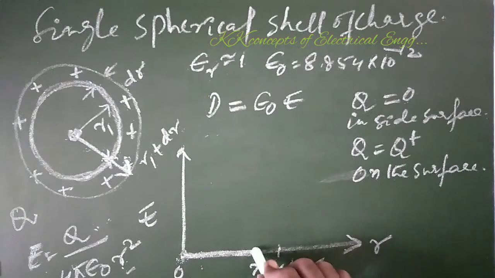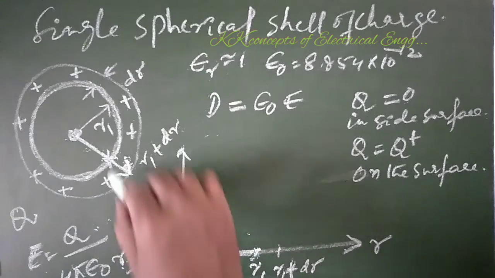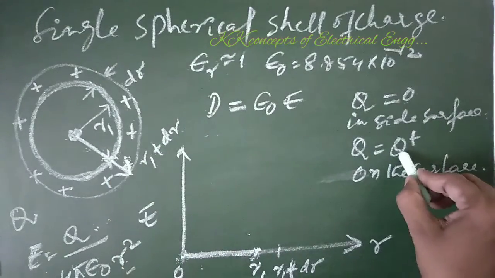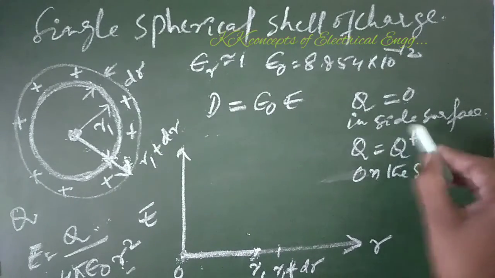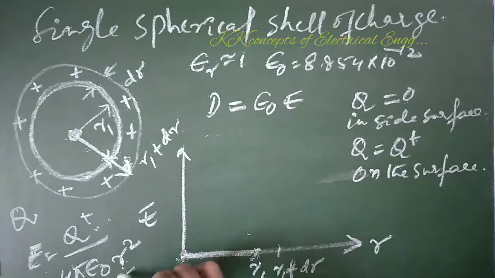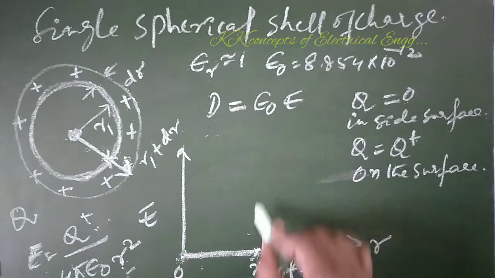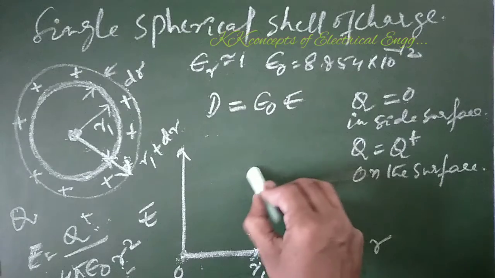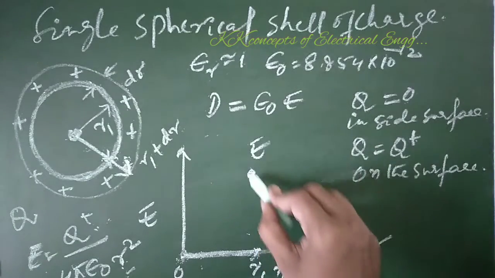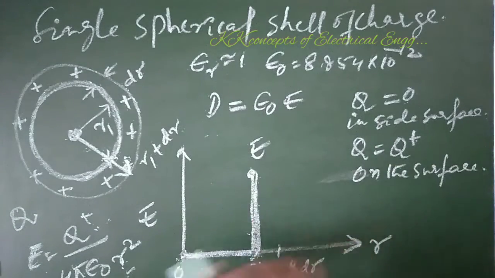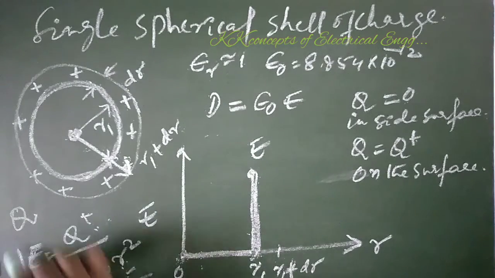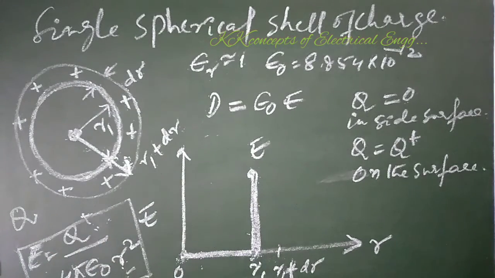And at R1 we have a charge of Q plus. So Q plus will be there and radius will be there, and here we are going to get some value of E based upon this formula, Q by 4 pi epsilon naught R square.